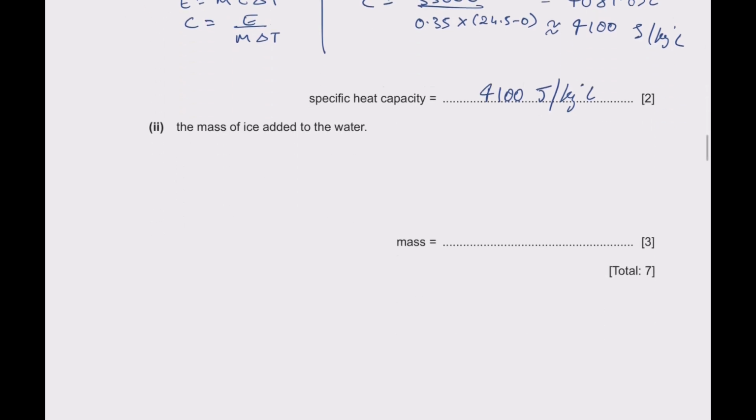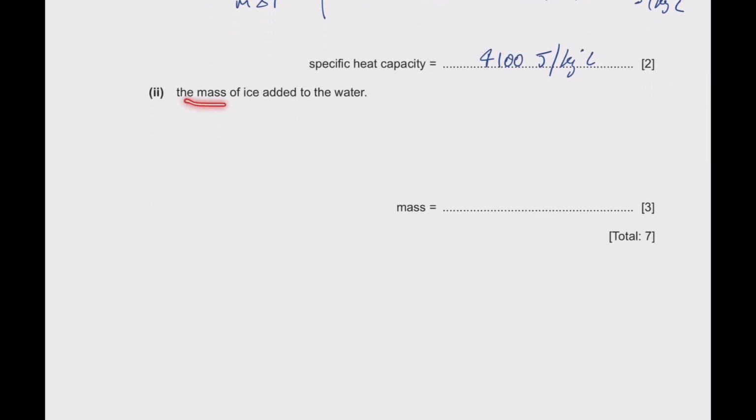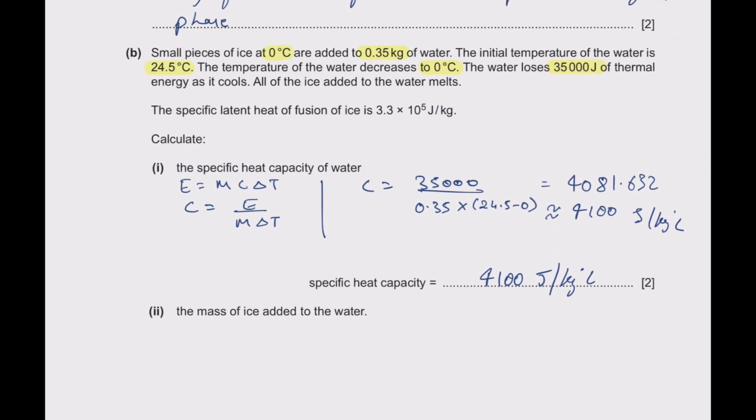Okay. Now the mass of the ice added to the water. Now in the question it is saying small pieces of ice are added and at the end all the ice added to the water melts. So this water loses energy. So the same amount of energy is gained by the ice so that it is converted into water, or you can say all the ice added to the water melts.